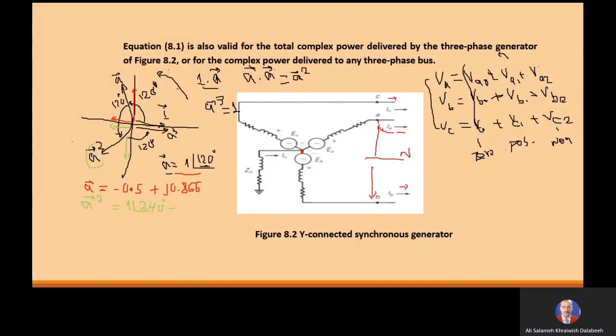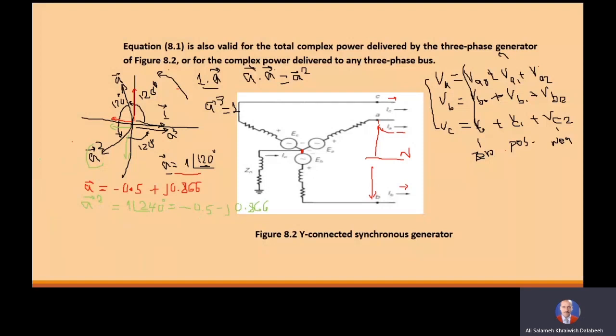And the rectangular form is equal to minus 0.5 minus j 0.866. Okay, this is for A square.